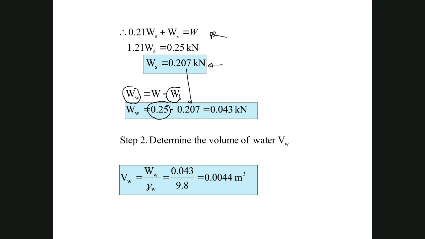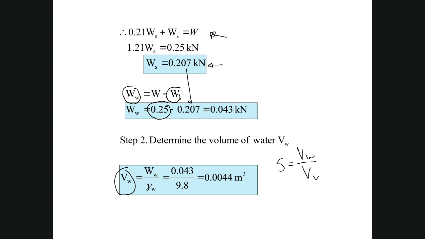Okay, so next step, once we know weight of water, we're going to find the volume of water. We need to know the volume of water because we can find the degree of saturation. It's volume of water divided by volume of voids.